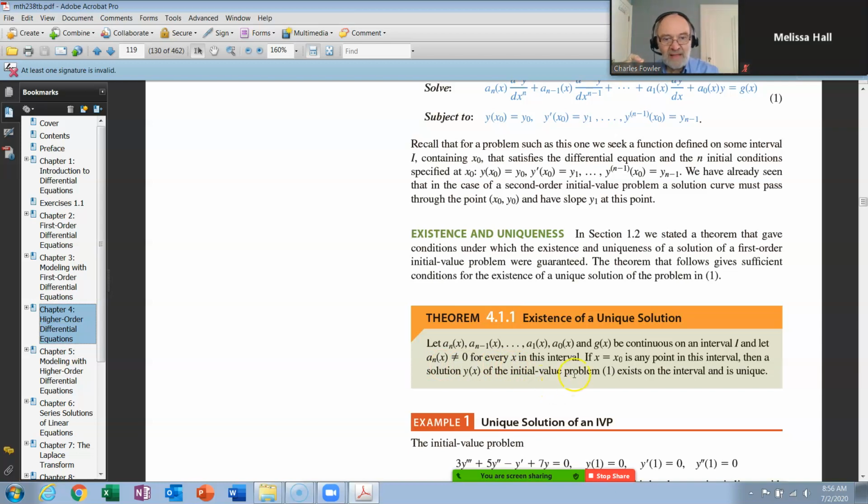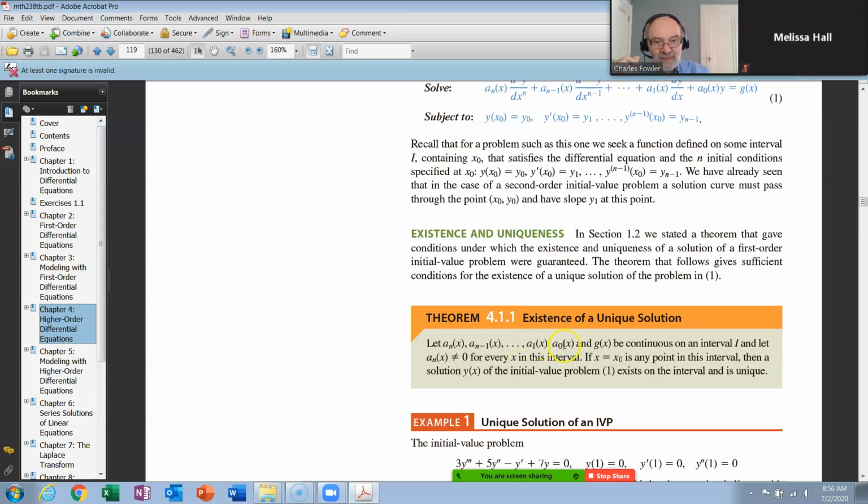Okay, now if x is equal to x0, which is the place at which you're doing your initial condition, is any point in the interval, then a solution y of x of the initial value problem exists on the interval. So notice here, it's just that x0 has to be in the interval.